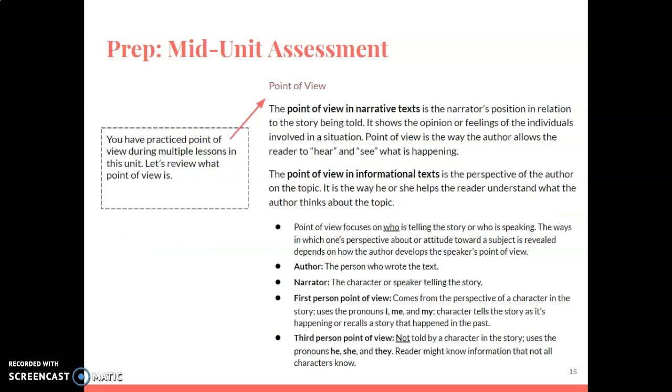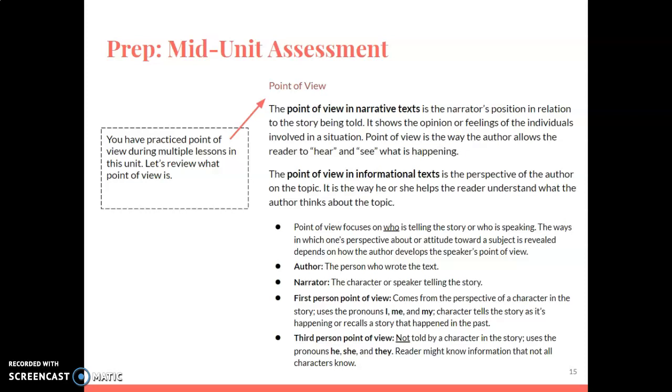You have practiced point of view during multiple lessons in this unit. So let's review. Point of view focuses on who is telling the story or who is speaking. The ways in which one's perspective about or attitude toward a subject is revealed depends on how the author develops the speaker's point of view.